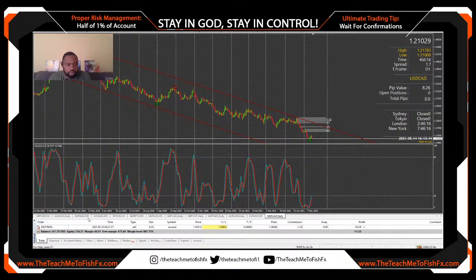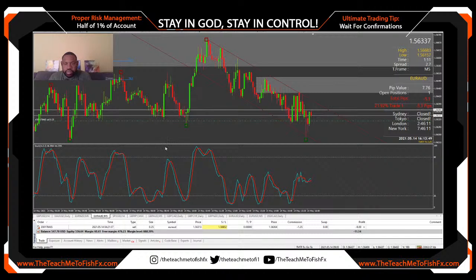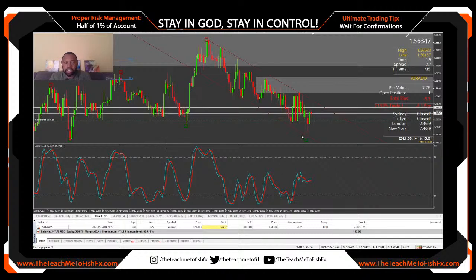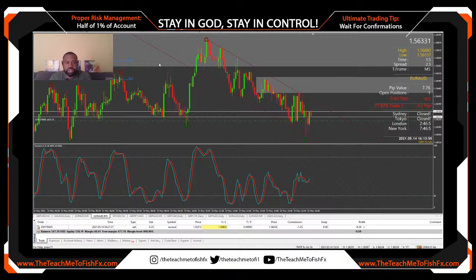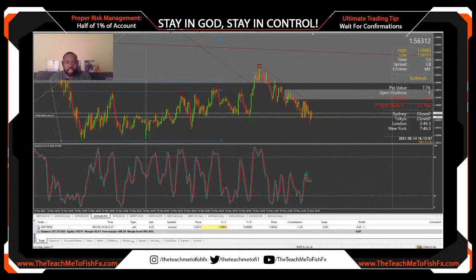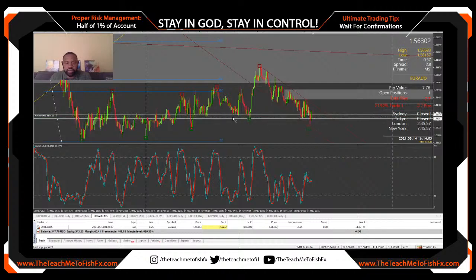All right, let's take a look at this EUR/AUD. Let's see what's going on with EUR/AUD. We got some exhaustion here. But what I like is that these zones have been violated. And I always think about liquidity.